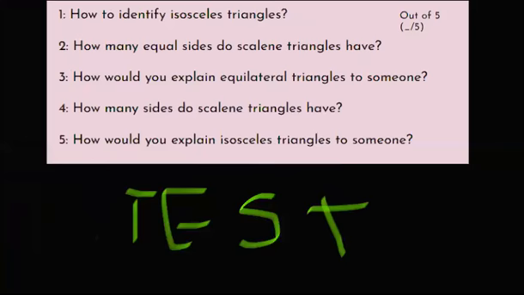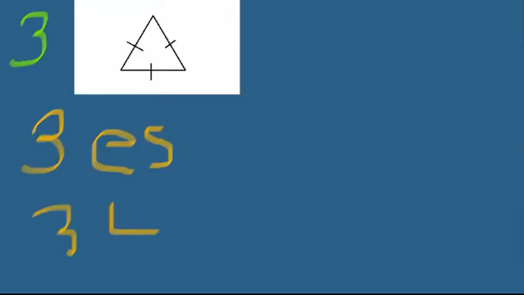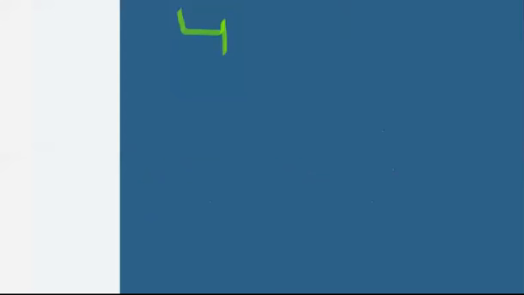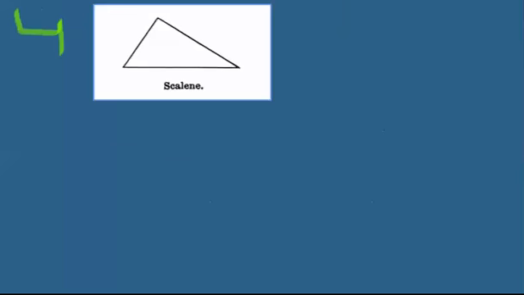So next, we are going to do our fourth question. How many sides do scalene triangles have? Where's our picture of scalene triangles? Okay, here it is. From our second question, let's just copy this and paste it right over here. So here's our picture of a scalene triangle, and the scalene triangle has zero equal sides.